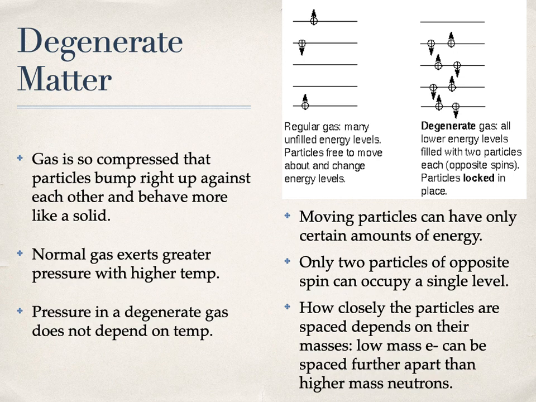As a gas is compressed, it gets hotter, right? So, in terms of degenerate matter, the gas is so compressed that the particles are bumping right up against each other, and they start to behave much more like a solid. A normal gas will exert greater pressure the hotter you get it.